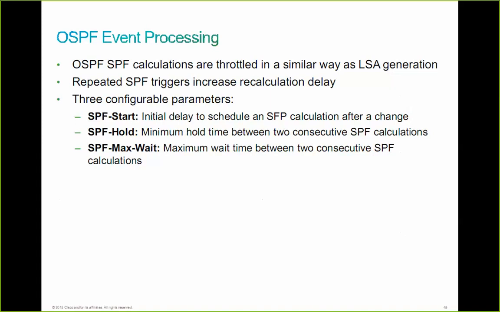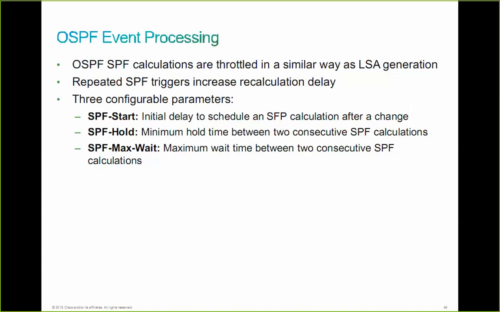All right, so once a router receives an updated LSA, it needs to schedule Dijkstra's algorithm to process that update. We have to go through the shortest path first calculation. Now, topology changes aren't usually going to affect just one router. It's going to affect lots and lots of routers.